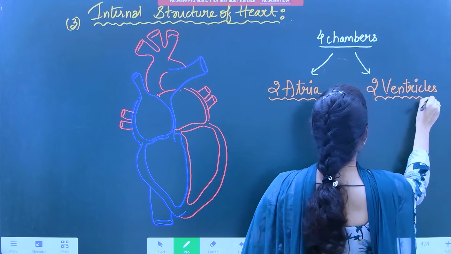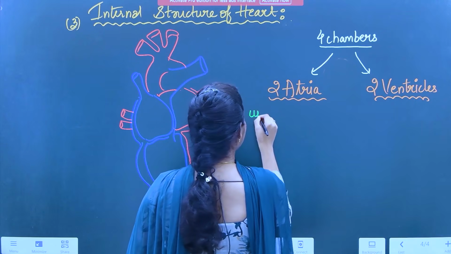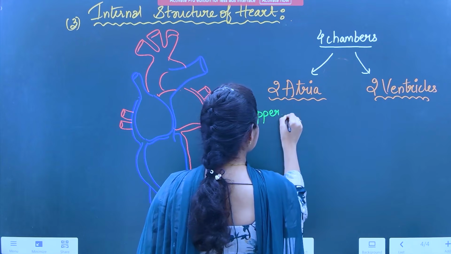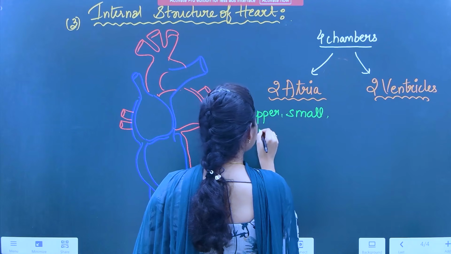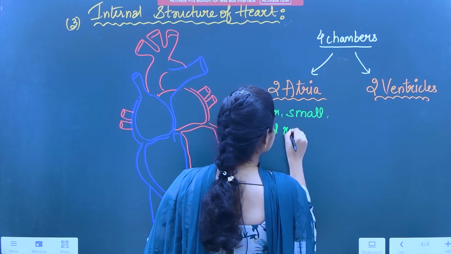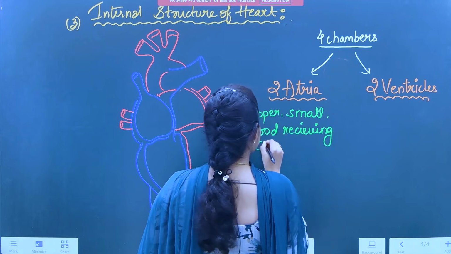Now let me give you the descriptive part about them. Two atria are upper, small. What is its function? Blood receiving chambers.